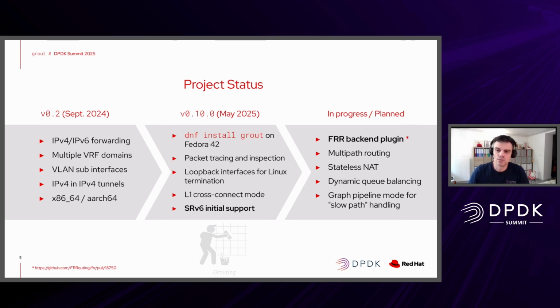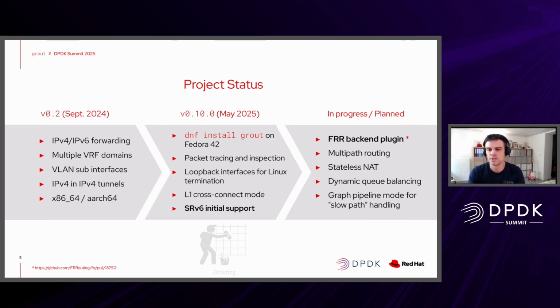I also wanted to highlight the graph pipeline mode for slow path handling. Maybe this is something we can talk about during the Q&A at the end. I would like to challenge the folks at Marvell about how we could go with this. The idea would be to have packets being handed to other CPUs for slow path handling.